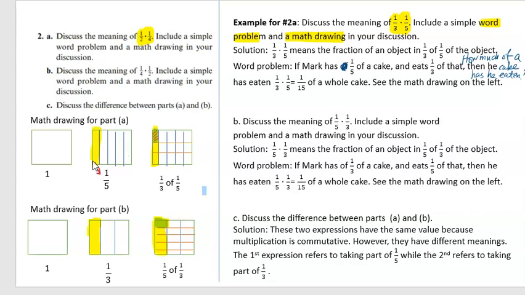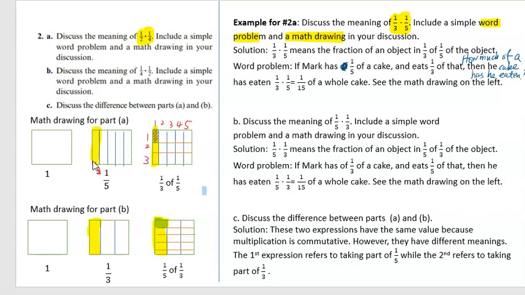Notice again, my drawing is probably not the best, but all of these little parts are of the same size. When we compare this little piece to the entire cake, first we divided the cake vertically into 3 columns, 3 cuts, and then we cut the cake horizontally into 3 rows.